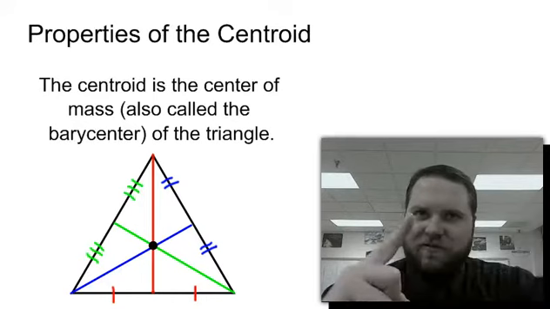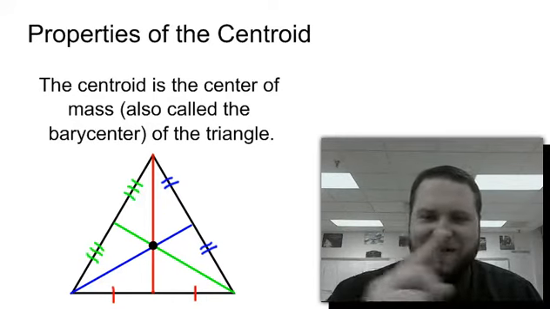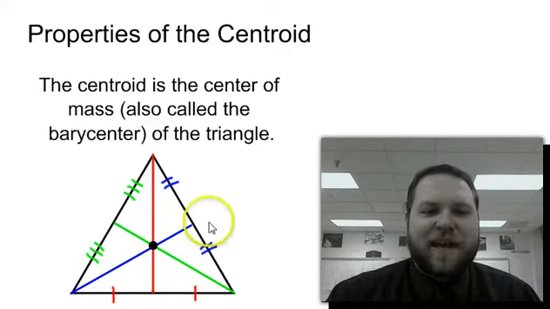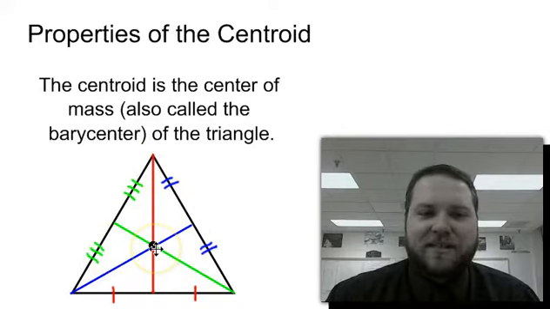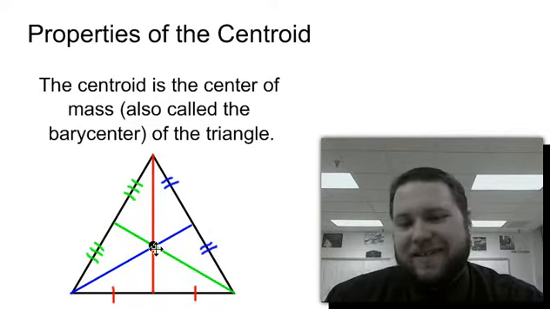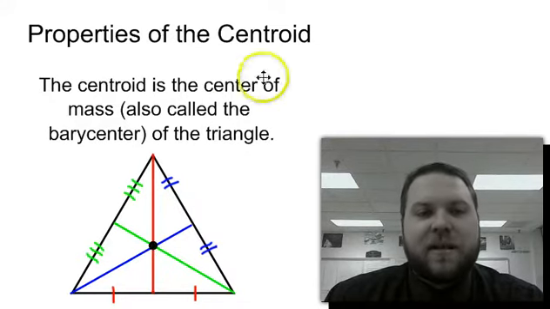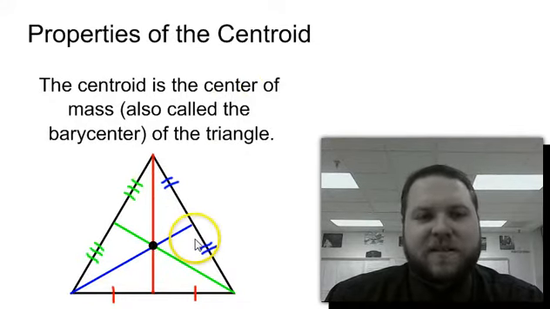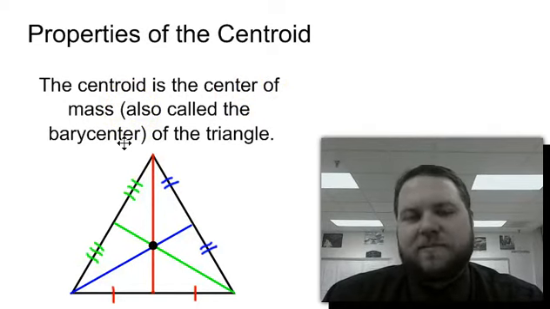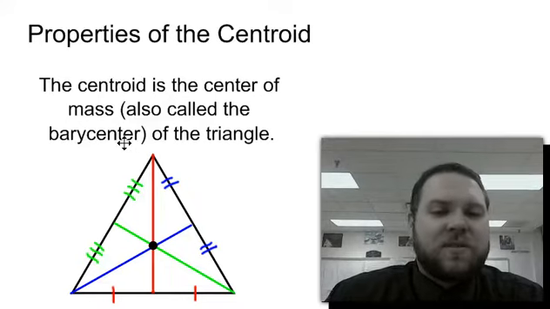If you were to try and move that over to the side, it's not going to work quite as well. The balancing point for a triangle is the centroid. Or indeed, you can generalize that to any figure and call the center of mass the centroid. But we're going to focus on triangles here. This is also called the barycenter. You're not going to hear that name come up too often, but it's worth mentioning just in case you do.